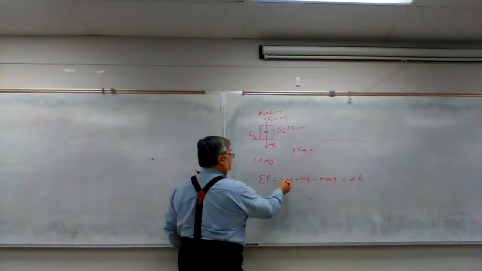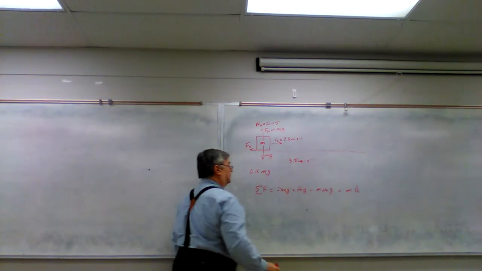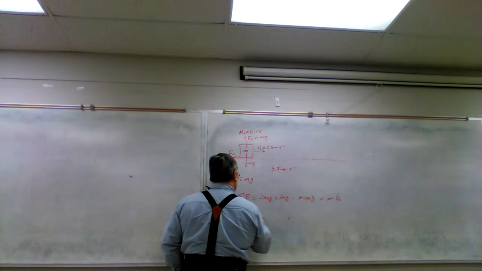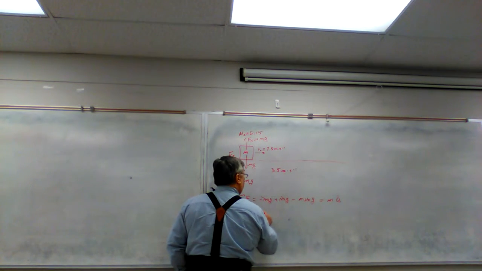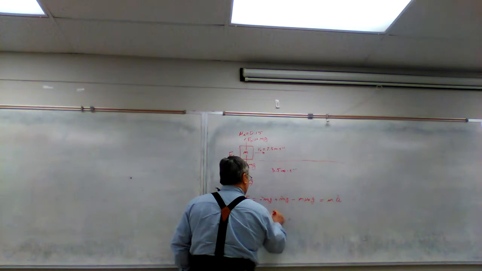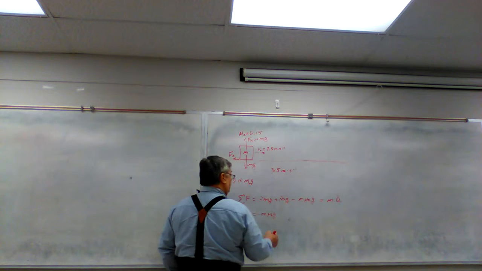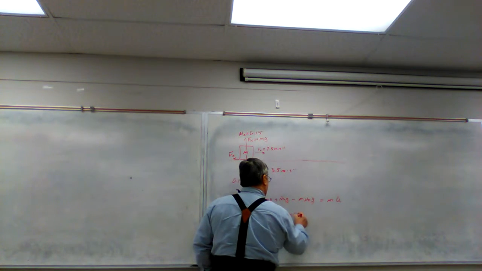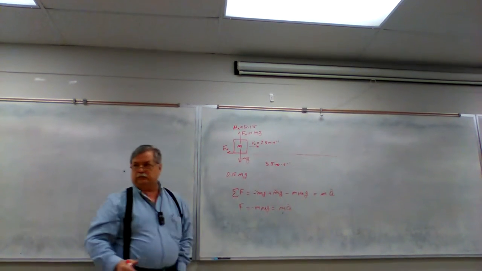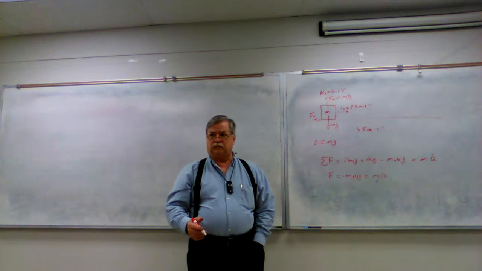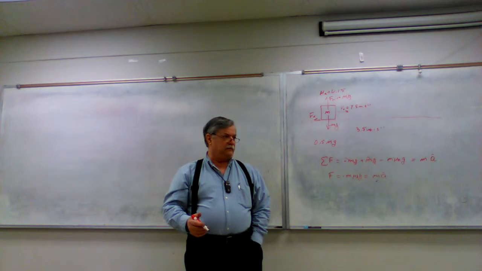Okay, well, these cancel out, plus mg minus mg, so that means we have a net force acting on that box of minus mass times mu sub k times gravity, and that's equal to the mass times the net acceleration. All right? Everybody with me so far?